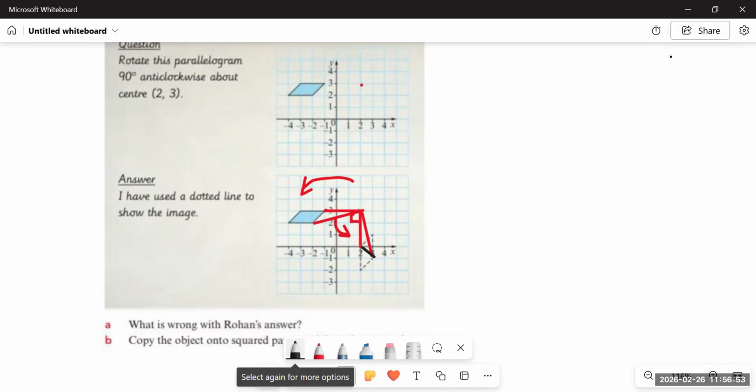And then when we draw the lines downwards, it's 2 boxes here, 2 boxes here. This is how it looks like. So this would be the correct rotation, right?